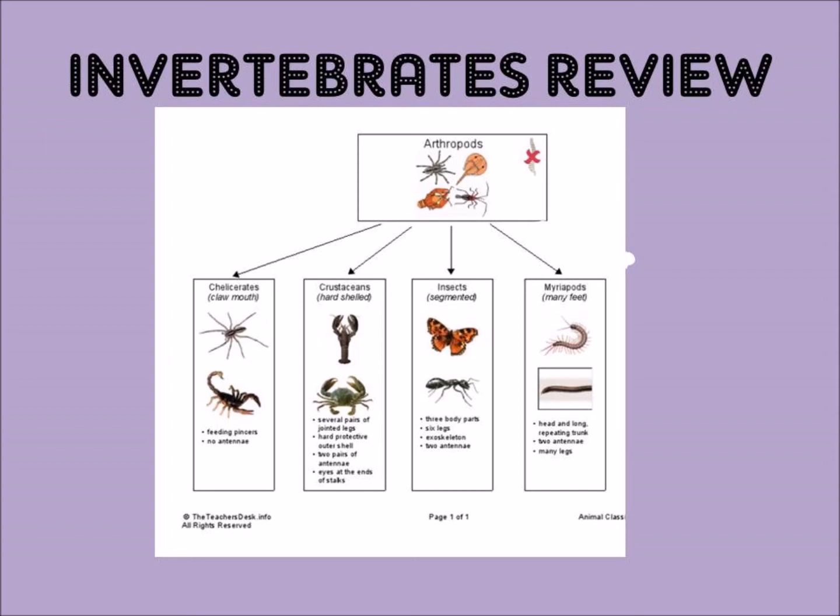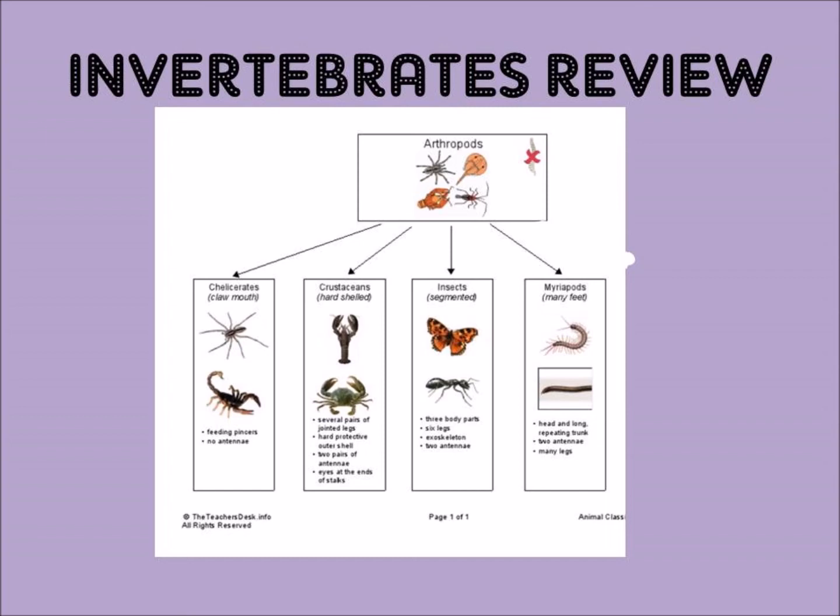First of all, arthropods have an external skeleton called exoskeleton that they use to protect from predators. And the body of arthropods is divided into articulated segments.